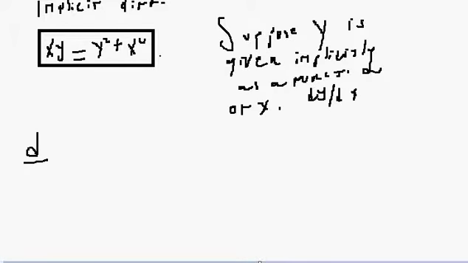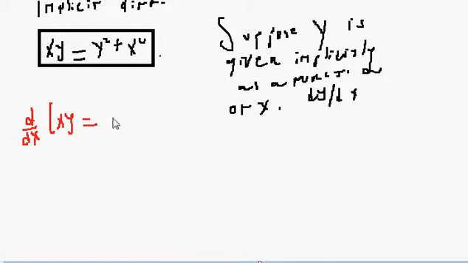Actually, let me do this in another color because it will probably be more interesting and better remembered. So I'm going to be working in red. So I go d dx for both sides.